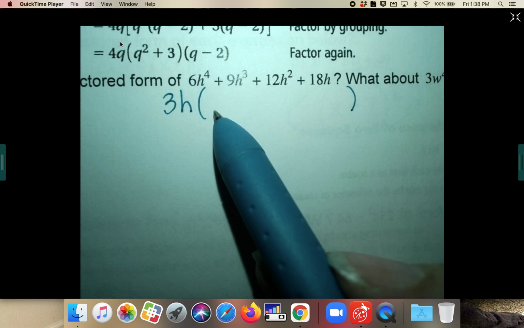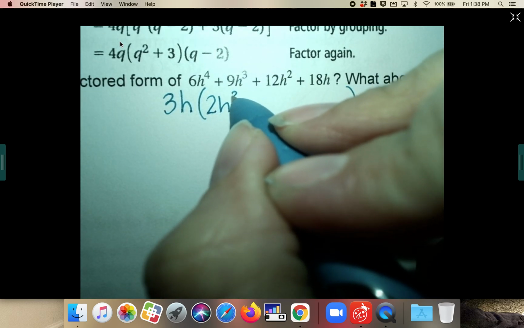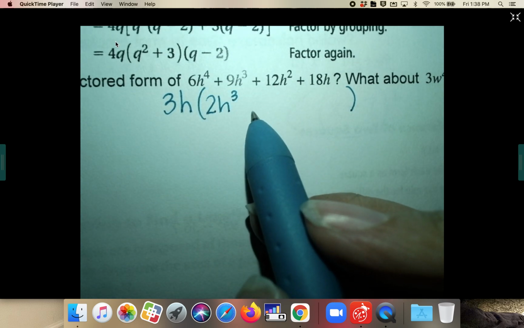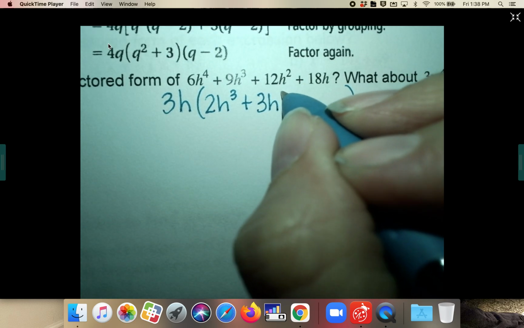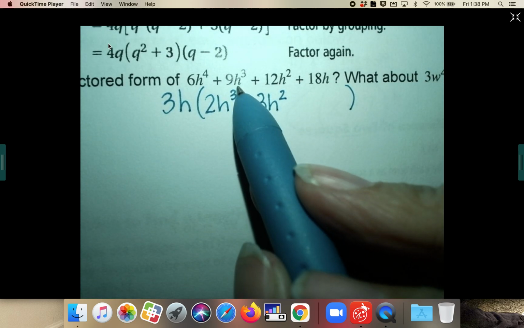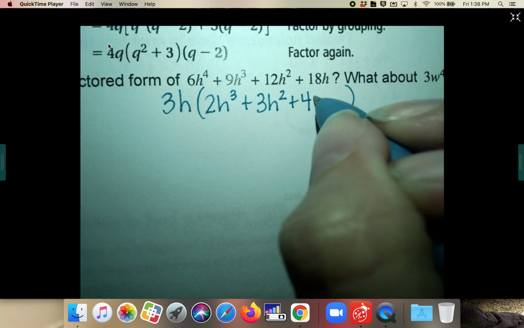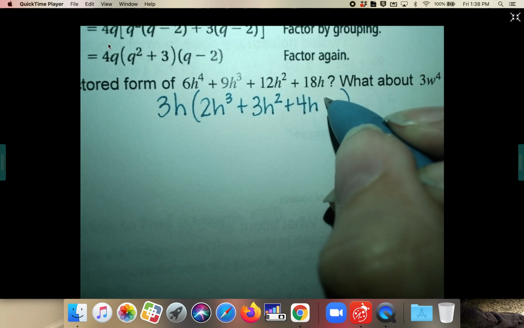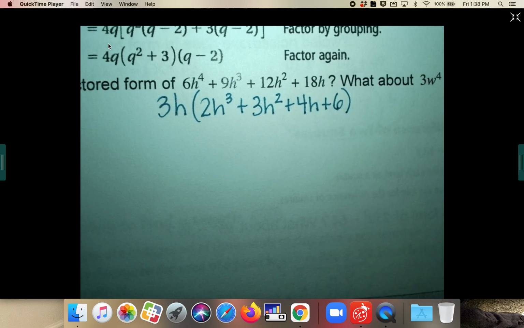So let's go ahead and reverse distribute it. 3h times 2h cubed gives 6h to the 4th. 3h times 3h squared gives us 9h cubed. 3h times 4h gives us 12h squared. And the last one, 3h times 6, gives us 18h.